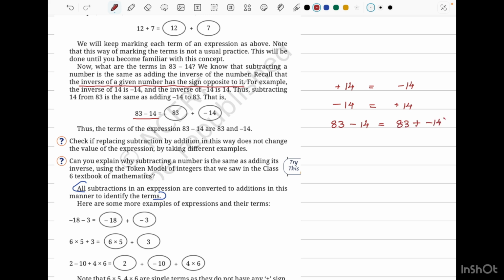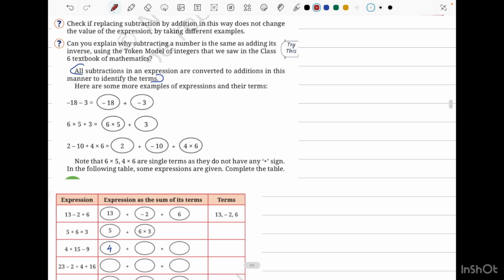The answer will be the same. 83 and minus 14 are the terms separated by a plus sign. All subtractions in an expression are converted to addition in this manner to identify the terms. For example, minus 18 minus 3 can be written as minus 18 as a term plus minus 3 as a term.